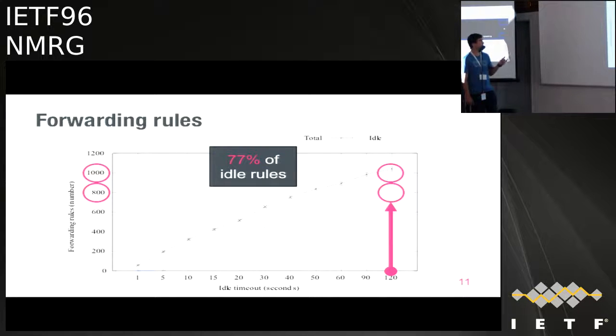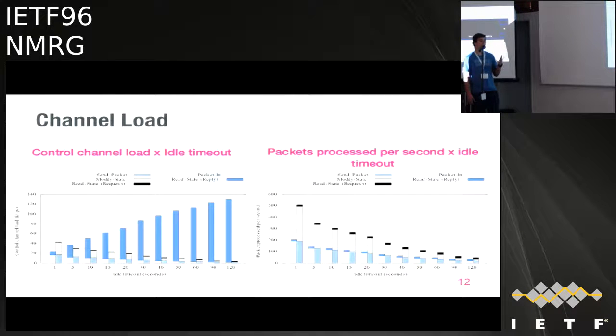And this other chart shows the control channel rate and the packets processed per second along the idle timeout configuration. We have send packet, modify state, and read state requests going from the controller to the forwarding devices, and the packet-in and read state reply messages go from the devices in the controller's direction.